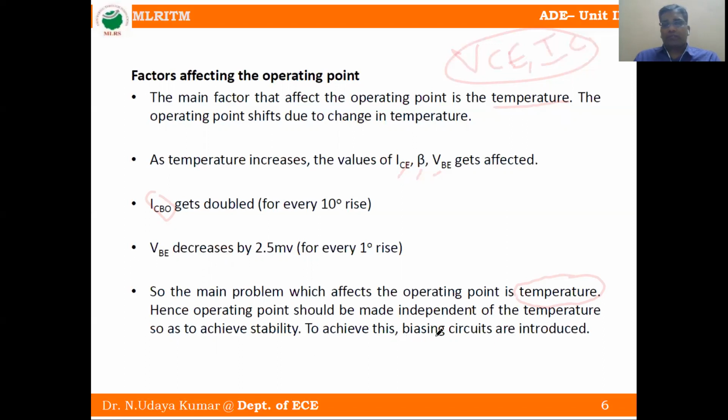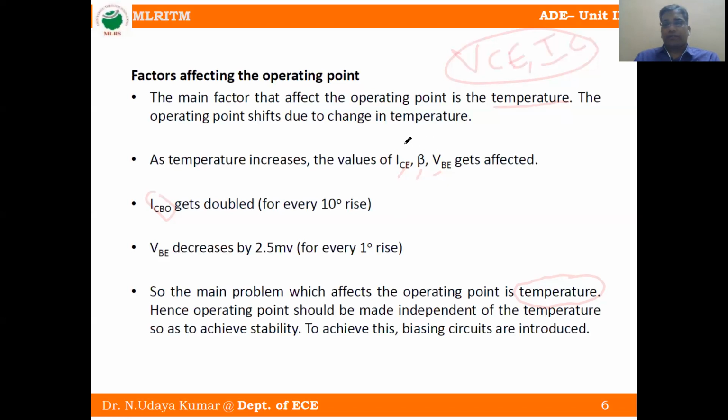To achieve this, biasing circuits are introduced. So why do we go for biasing? Biasing is nothing but adding some battery voltage. Why are we adding it? Due to temperature, parameters like collector current, amplification factor and base emitter voltage vary.